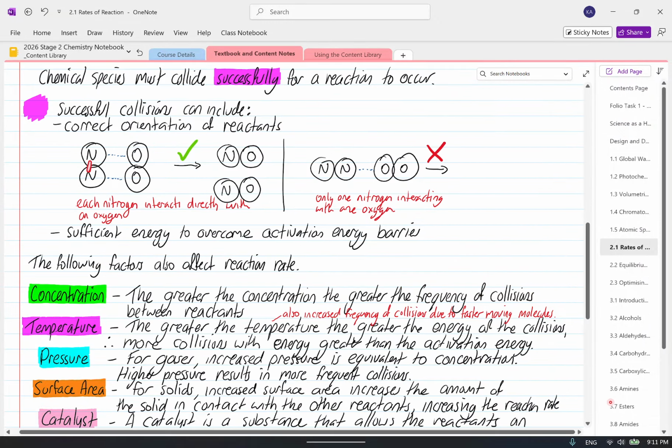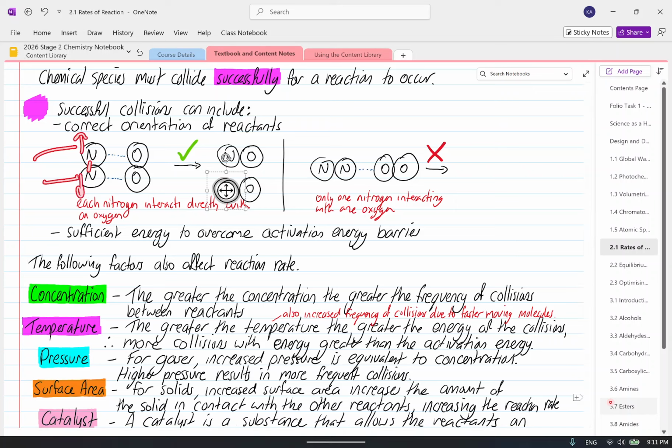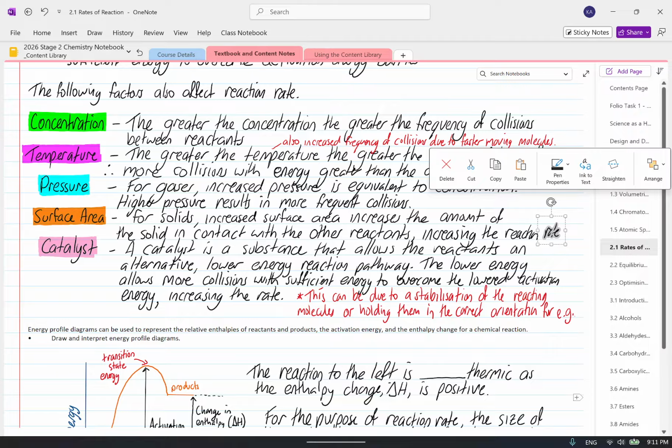If our catalyst grabs onto this and starts pulling it apart, it will help this bond break, which will lead to less energy being required. What it can also do is hold molecules in the correct orientation, so that instead of molecules coming along and bumping into each other any which way, they are instead going to come into contact with one molecule that's being held in the proper orientation, so that a greater proportion of the collisions that occur are successful again.